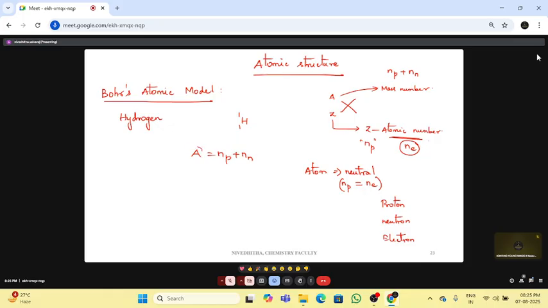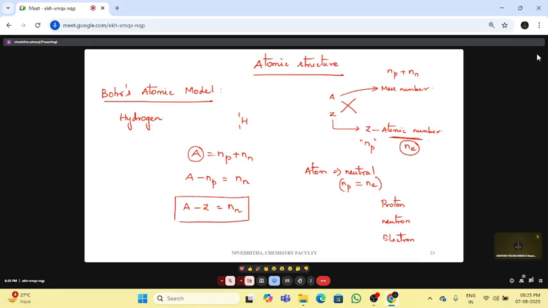So if you subtract the number of protons from mass number, you'll get the value of neutron count, right? What is this number of protons? Nothing but your atomic number. So mass number minus atomic number will give you number of neutrons.